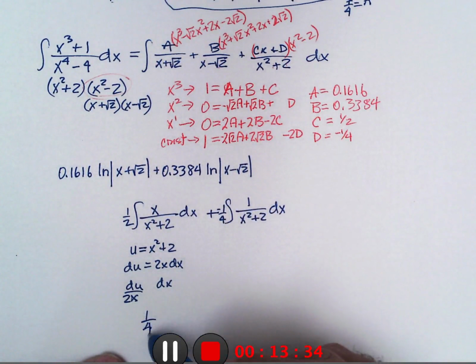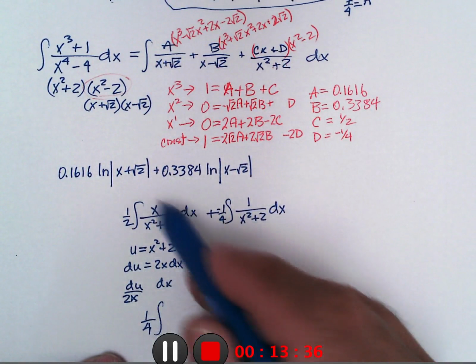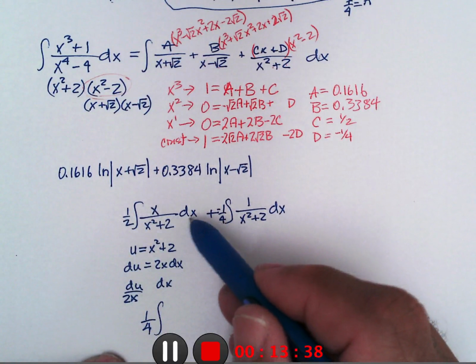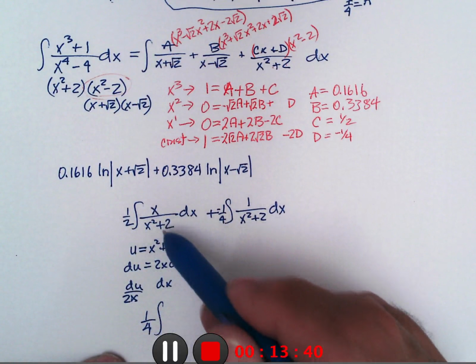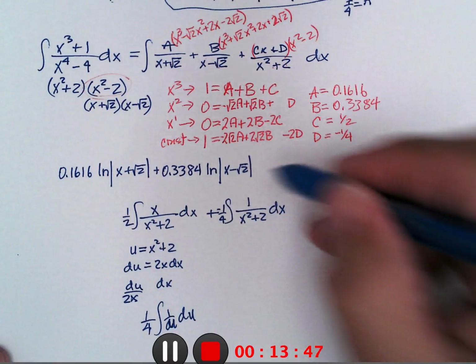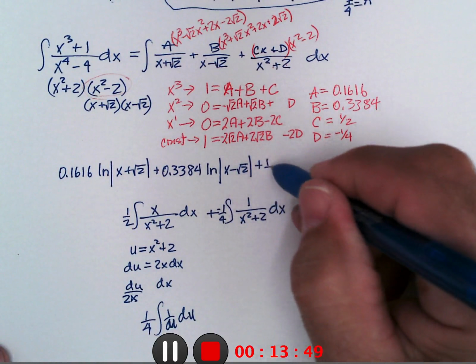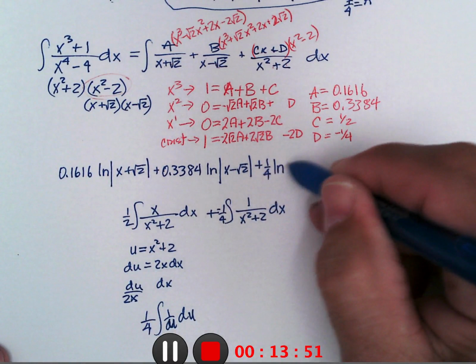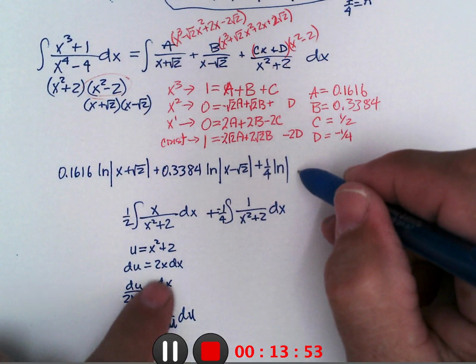The antiderivative, the x's cancel, and I get 1 over u du, which is going to be 1/4 ln x squared plus 2.